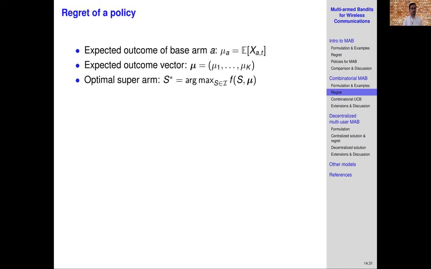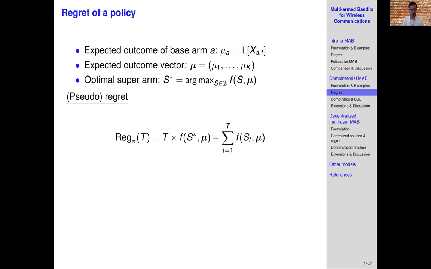So let's describe the regret. For that, let's define the expected outcome of a base arm a as mu of a. And let's define the expected outcome vector, or expectation vector, as bold mu. The optimal superarm is, among the feasible superarms, the arm that maximizes the reward under mu.